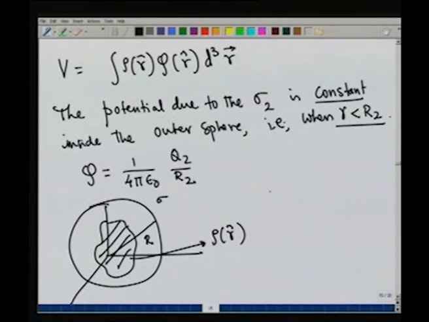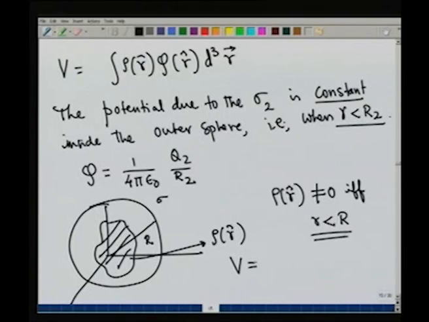The only restriction is that rho of r not equal to 0 if and only if r less than capital R. Now, the above analysis clearly tells us that the potential V is simply given by, so I have to employ notation, let me write it down and explain it, 1 over 4 pi epsilon naught Q1 Q2 by R.